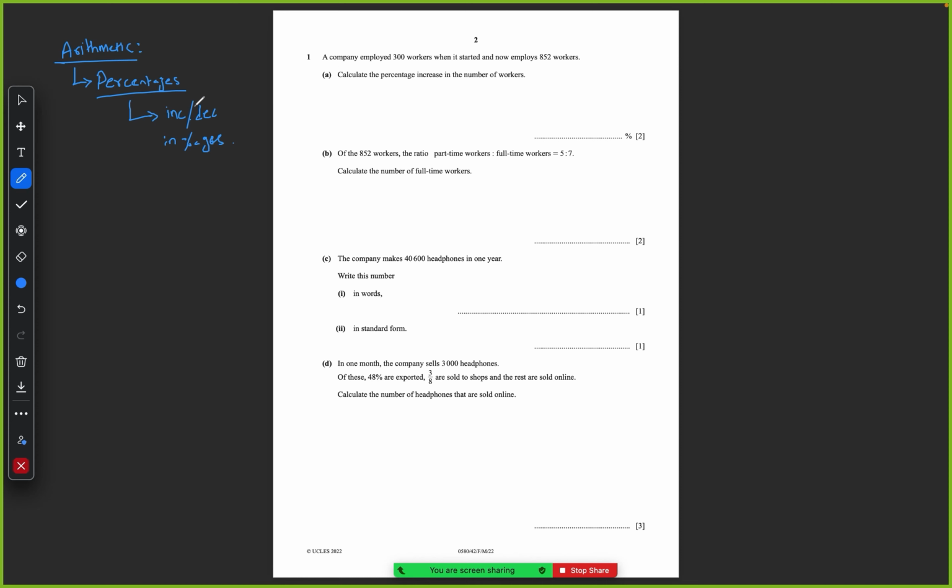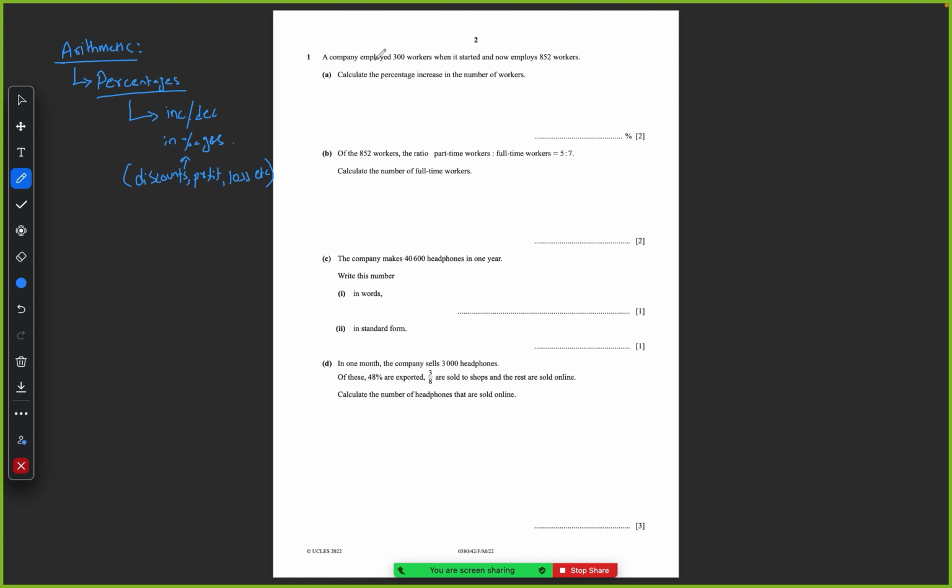We'll be using this concept in increase and decrease in percentage questions. And also, if you remember, all the discounts, profits, loss, etc., all of these questions we will do via this concept. All right, so let's quickly jump onto it.